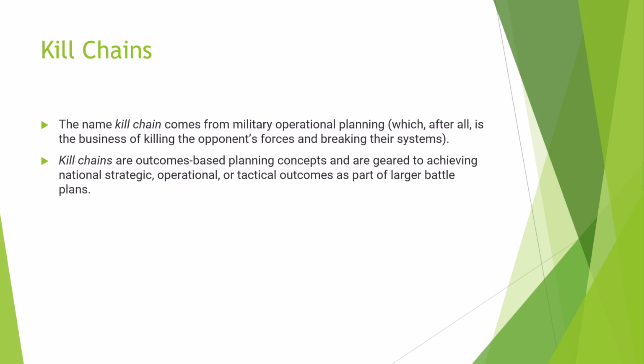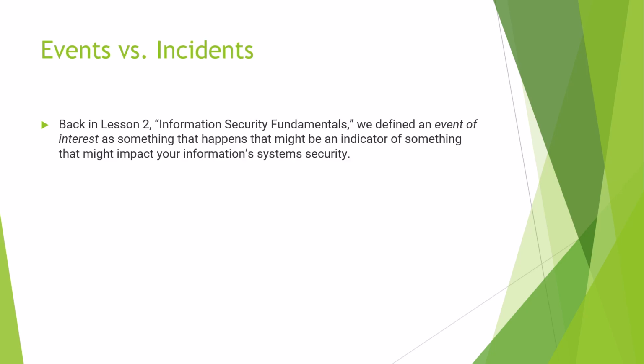So that means we're going to be on the lookout for an incident or event. So what does that mean? An incident or event is a very specific action item. Back in our lesson 2, our security fundamentals, we defined an event of interest as something that happens that might be an indicator of something that might impact your informational system security.